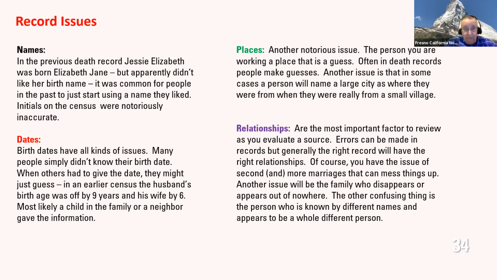Don't let that make you dismiss something just because the birth isn't exactly right. Places will change. Relationships should be one of those things that's pretty steady. That's the thing that I always lean on. If the relationships work, we can usually work around the name, date, and place issues. But if the relationships are off, then we've got to do some more looking for a record.